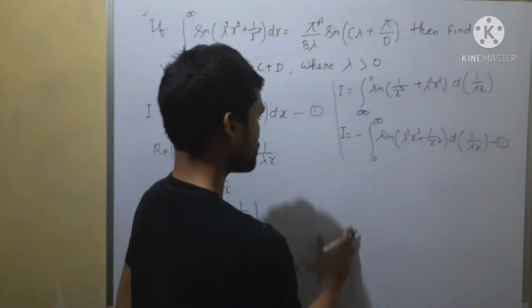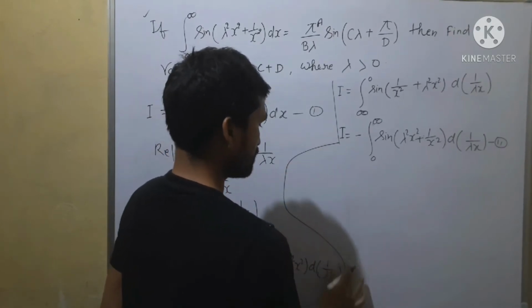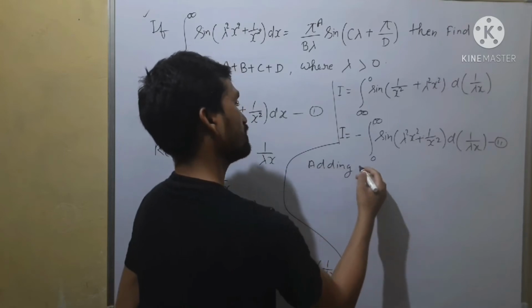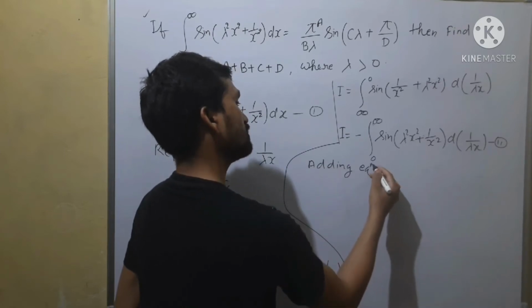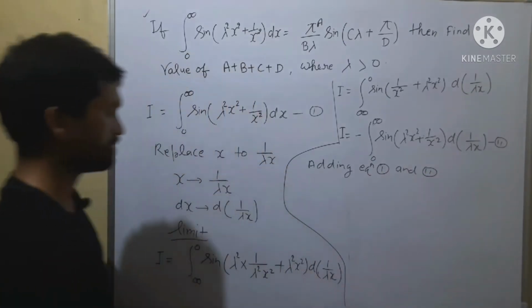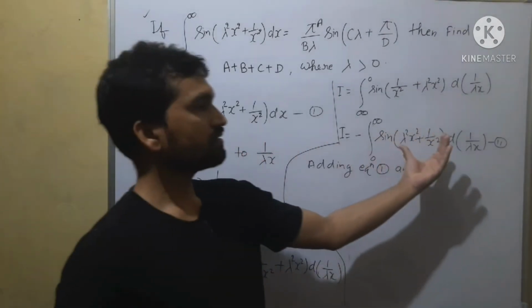Okay, now we will add our result number first and second. So after adding equation first and second, we will add this equation and this equation.